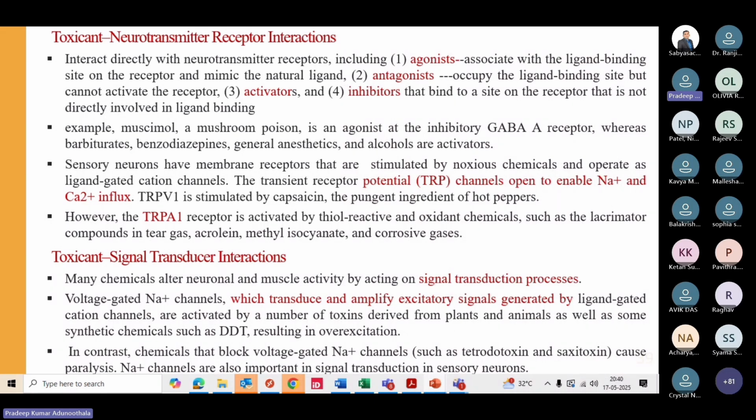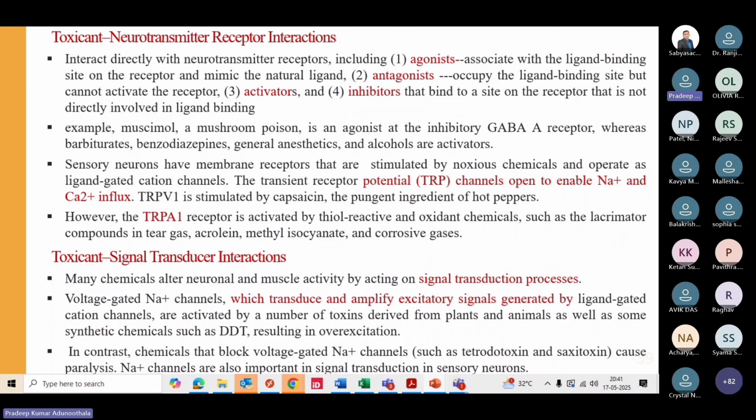If we are exposed to hot pepper, this receptor gets activated, and a burning or irritating sensation happens by activating this receptor.